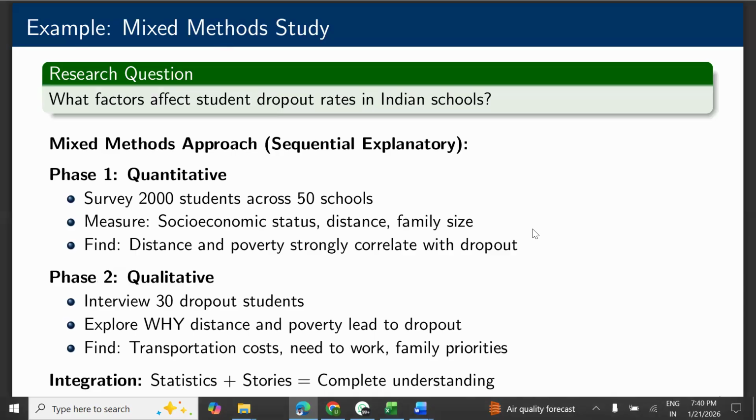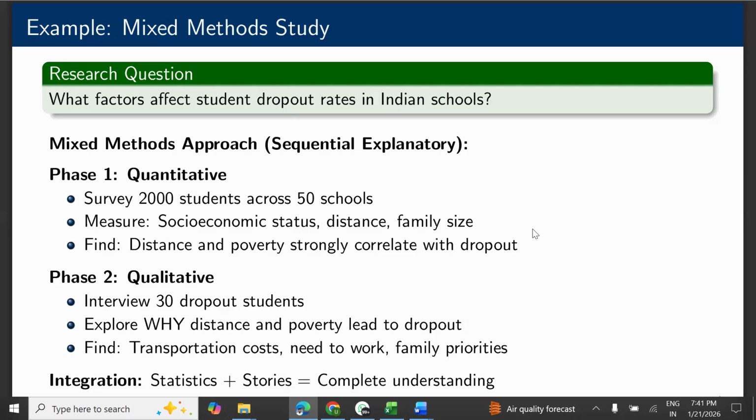Now, let's take one example of where we will be using mixed methods. Suppose the research question is: what factors affect the student dropout rates in Indian schools? So we will be using a mixed method approach, which is sequential explanatory. Means in phase 1, you will be doing a quantitative study, that is a survey of 2000 students across 50 schools. You will be measuring socio-economic status, distance, family size, and you will be finding distance and poverty are strongly correlated with the dropout ratio.